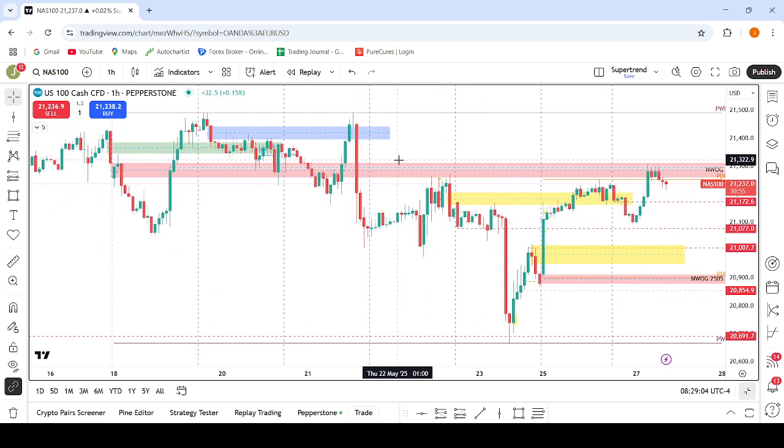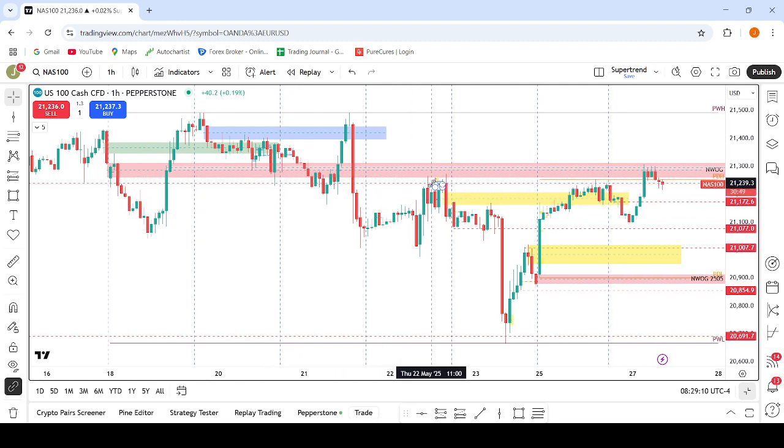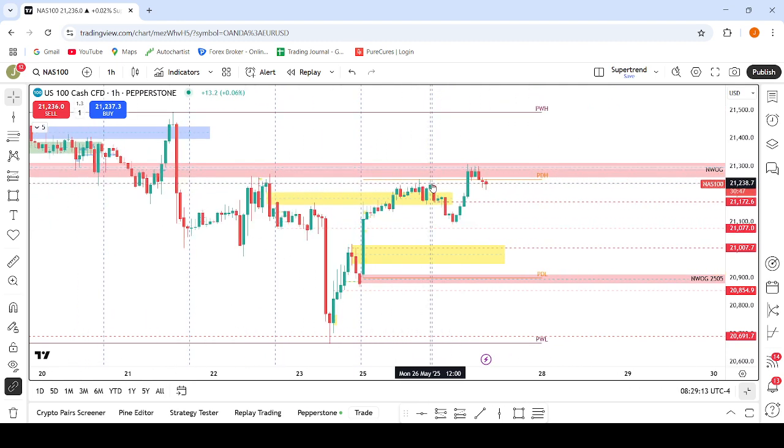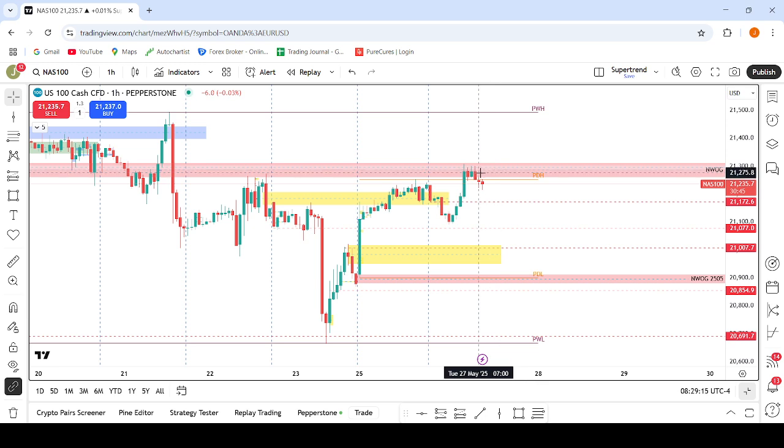And if you notice, I can't remember why I put that white mark in there. I believe there was some kind of imbalance maybe in that new week opening gap, which has clearly been significant. It's just above consequent encroachment, and you can notice the bodies are not closing above that, and we've got that rejection.